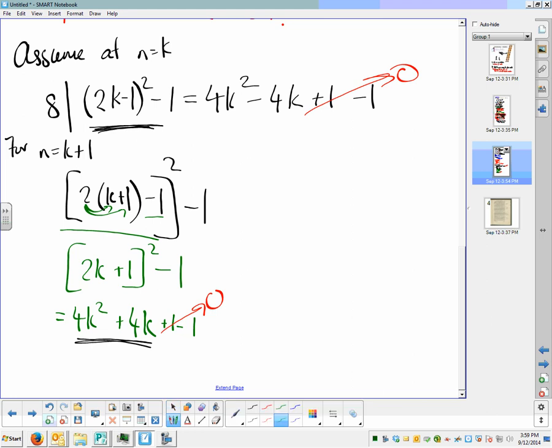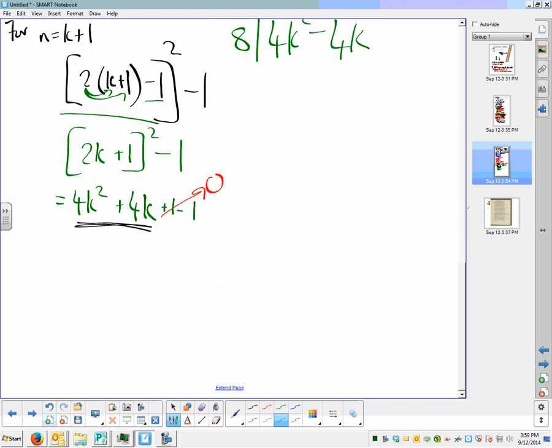So we know by our assumption that 8 divides 4k squared minus 4k. How are we going to use that over here? Well, I'm just going to separate this out into 4k squared minus 4k plus 8k.